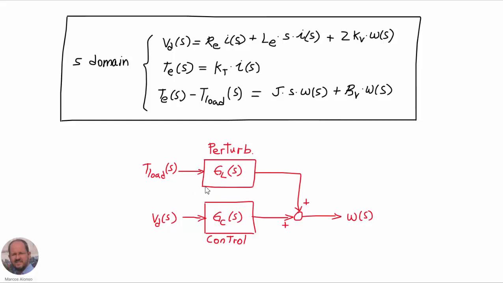And also we can obtain another important transfer function that we can consider as a perturbation, which is this transfer function GL, in which we have as input the load torque, and it is going to generate also a perturbation on the speed. So with these two transfer functions, we have a pretty good model for the dynamic behavior of our motor.